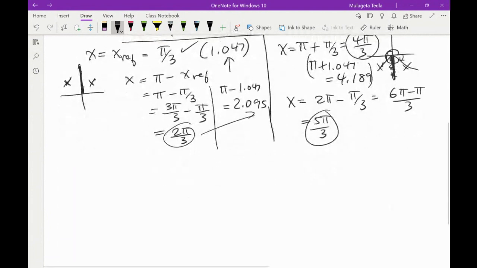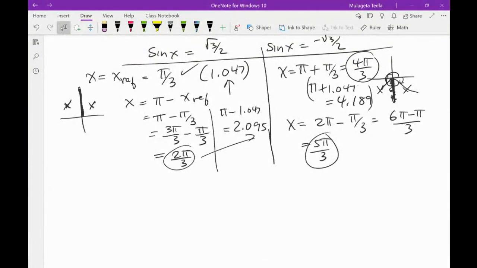If you have a problem with pi, working with 2 pi minus your reference angle 1.047, I will accept the answer. It is 5.236.